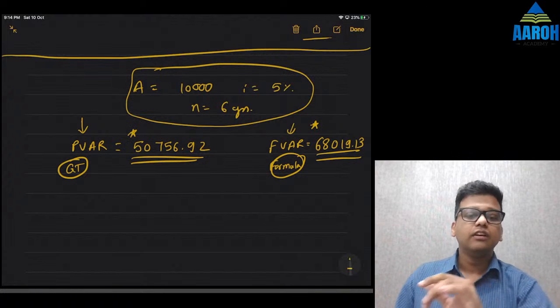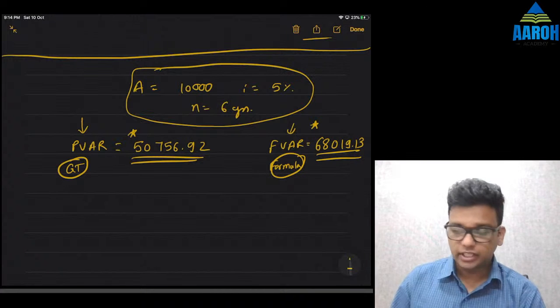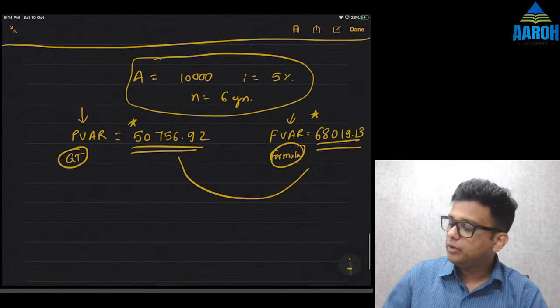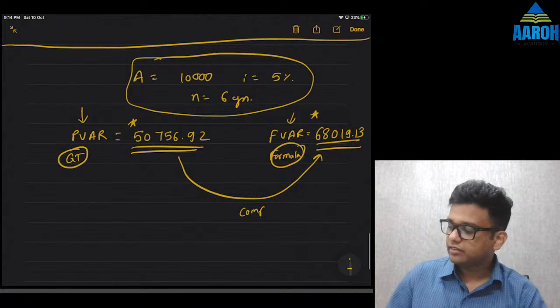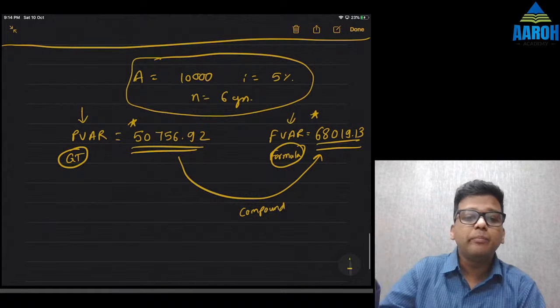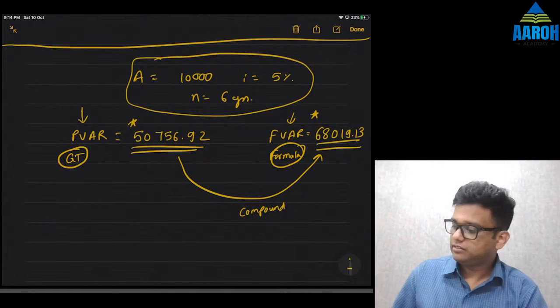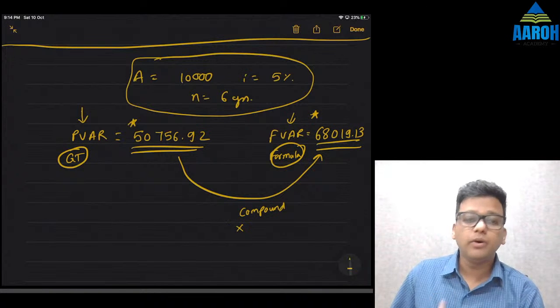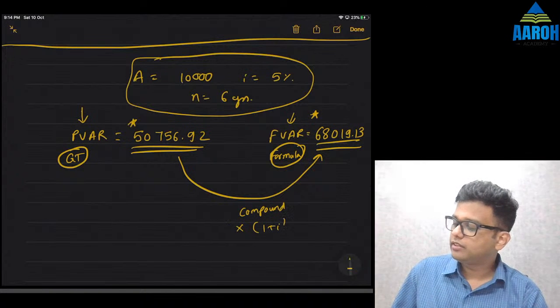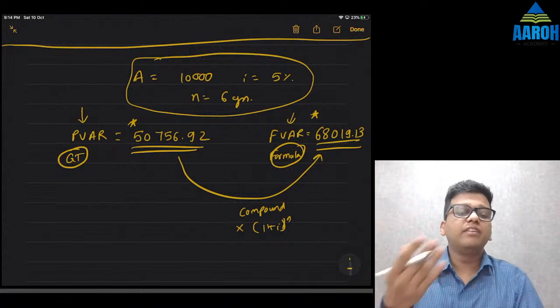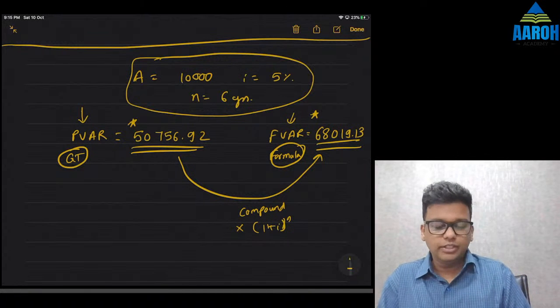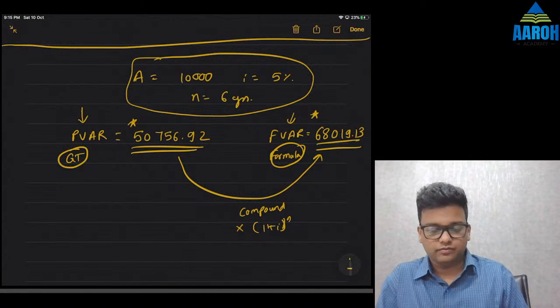If yes, the most important point that we have to see now is, if you compound it, you'll get this. Try to compound PVAR, you should get FVAR. How do we compound? 1 plus i raised to n. Multiply PV by 1 plus i raised to n, that is 1.05 raised to 6, into present value.